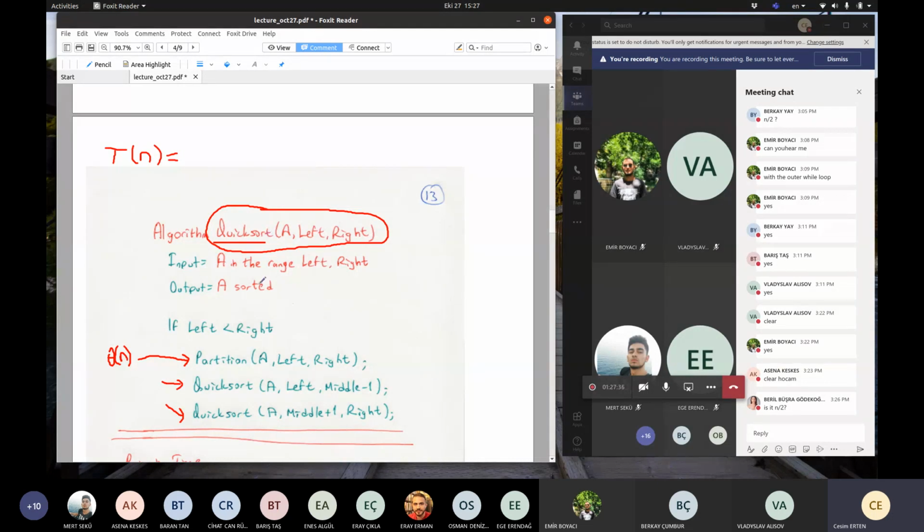Quicksort is recursive because it's making two recursive calls inside the algorithm. So we need to describe its running time as a recurrence relation as well. Can anybody tell me how to write the recurrence relation T of n, which describes the running time of quicksort?